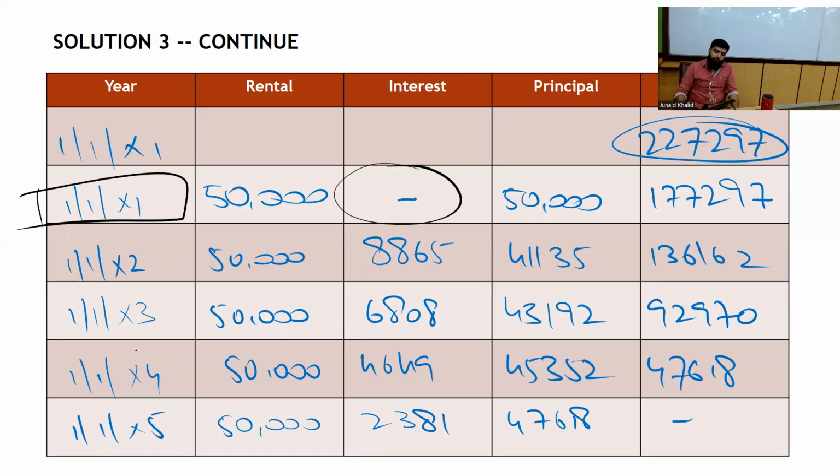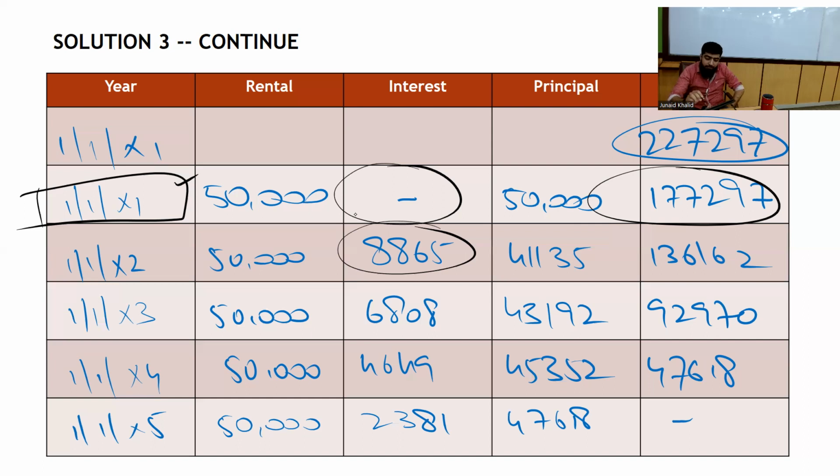The reason being, the liability on 1st January 2001 was 177,297, and we are making the financial statement at the end of the year, on 31st December 2001, and that liability remains unpaid till 31st December 2001. It means the liability was outstanding at 31st December, so when we are preparing the financial statement, definitely interest would have been recognized or charged. And the interest recognized on that liability was 8865.